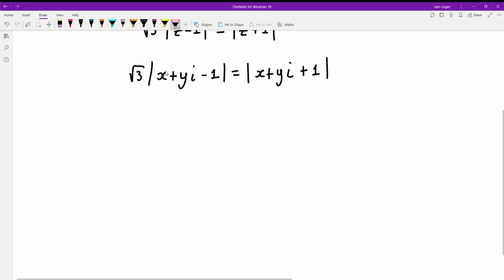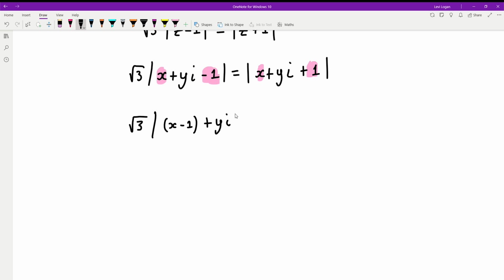Those are real terms, and those are also real terms, so you have to rewrite them so they're grouped together because we're going to have to take the length of these complex numbers very shortly. So we'd have x minus 1 plus yi, and then we have x plus 1 plus yi.